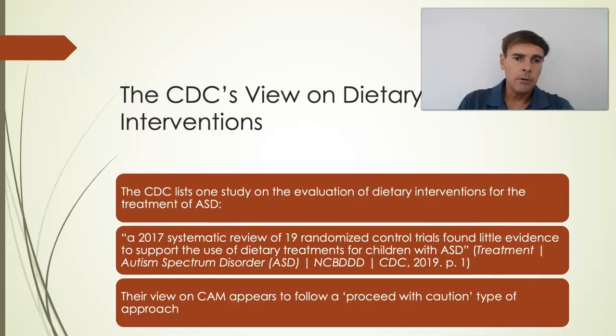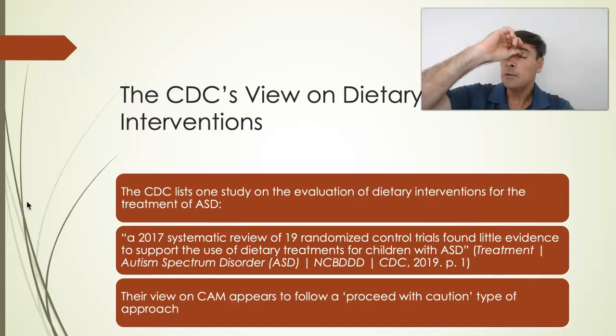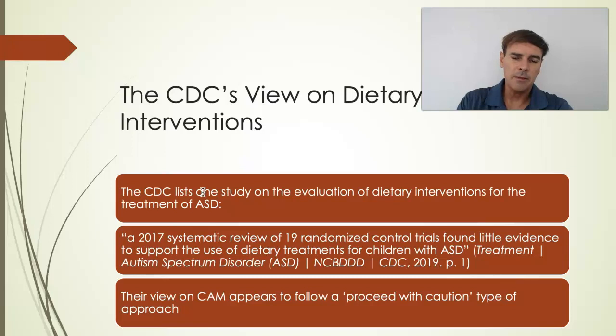The view on complementary alternative medicine by the CDC appears to be somewhat reserved or skeptical in some ways. It's very much a cautious sort of approach. And in terms of dietary interventions, it's definitely not indicating resounding support. I think they're trying to be somewhat neutral, but it also comes across as somewhat critical.